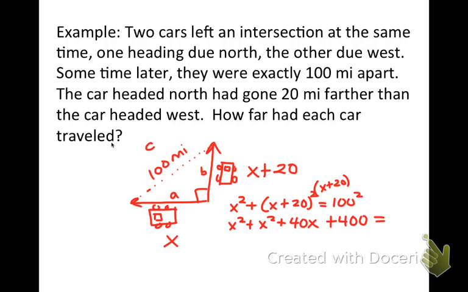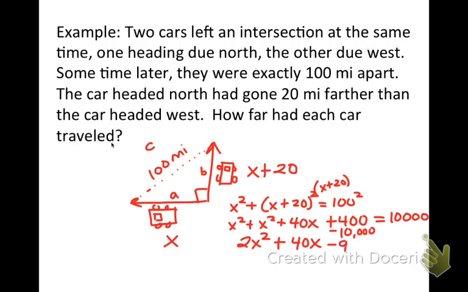100 squared is 10,000. 4 zeros. Okay, let's turn that into standard form. How many x squareds do you have? 2. So 2x squared plus 40x. Subtract the 10,000 from the 400, which would leave you with 9,600, it's a negative, right?